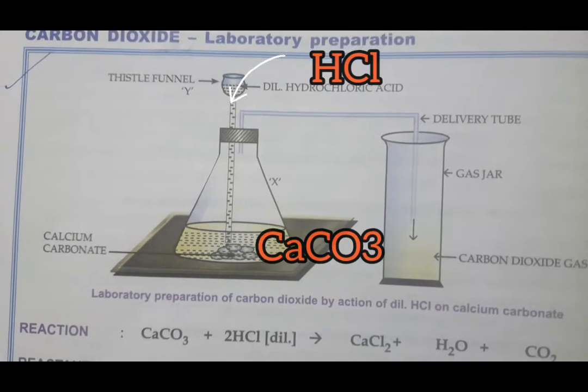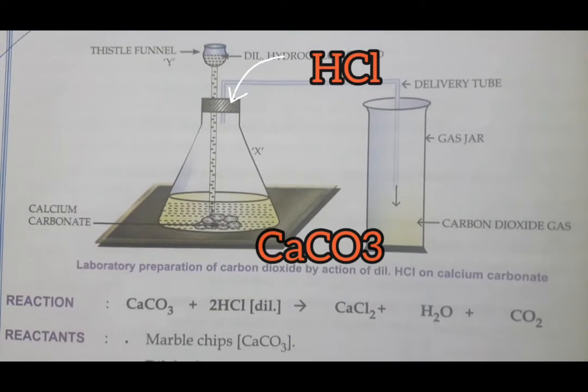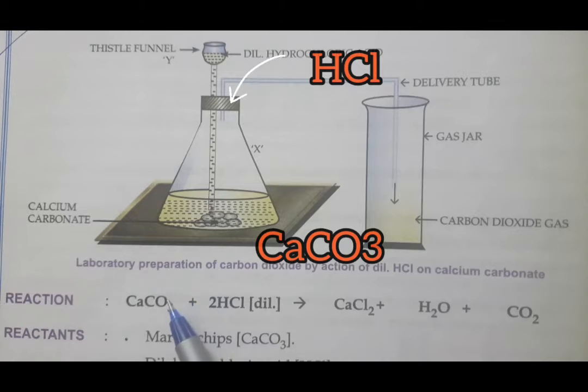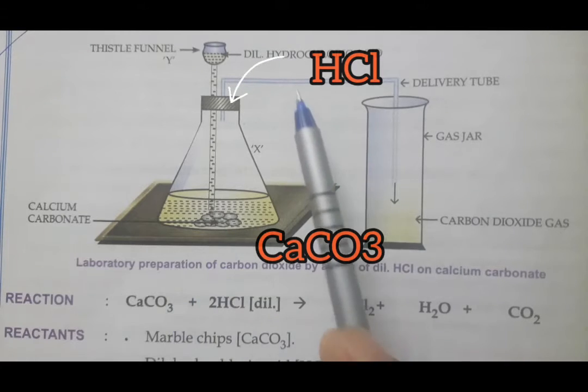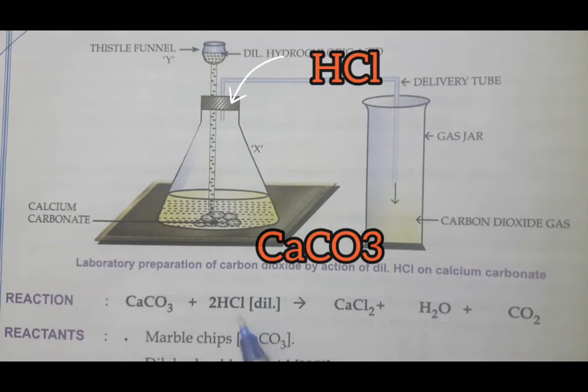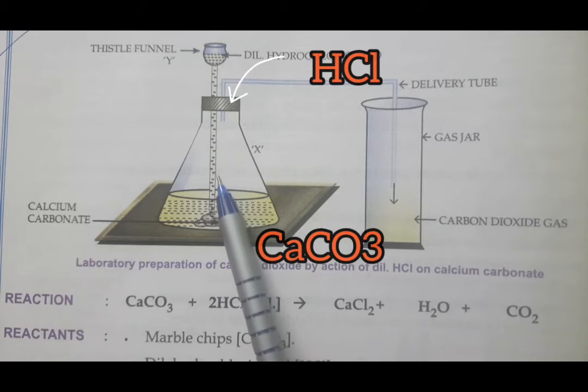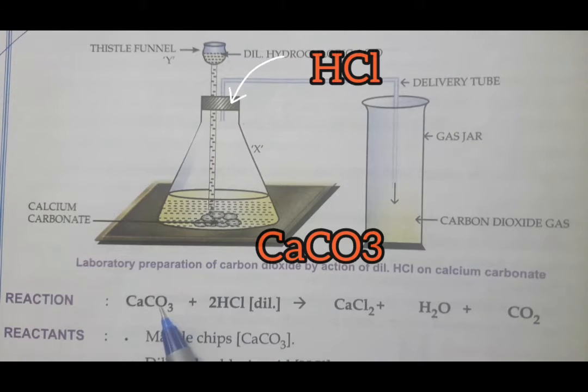So first of all, let us see the reaction, students, for the lab preparation setup. Hope you understood. You have to keep your calcium carbonate, which is also known as limestone, here. From the thistle funnel you are going to pour dilute hydrochloric acid, formula HCl. As HCl comes down, it reacts with calcium carbonate, and when they react we represent it by the plus sign.